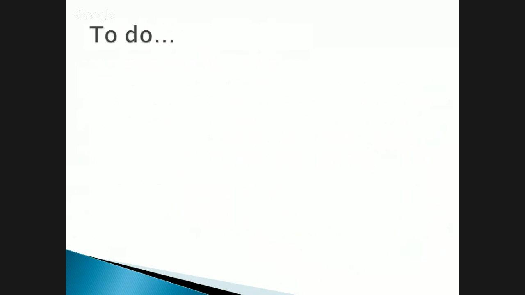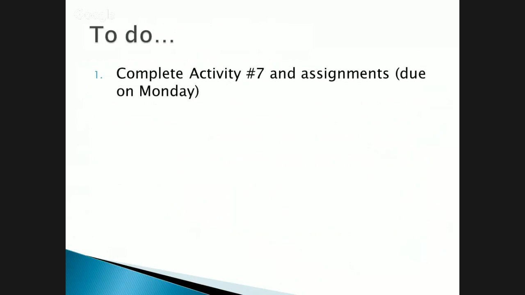Okay, that's pretty well it for trade barriers today. So the last slide is just what you need to do. So number 1, complete activity number 7 and assignments. I decreased the number of things we have to do for activity 7. There's one short, like 2-paragraph assignment, and then a couple of discussions.